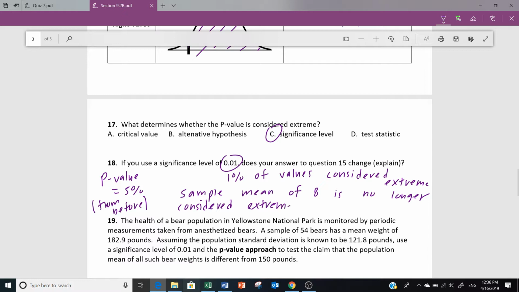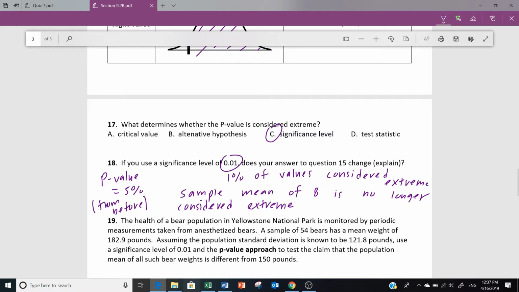You should write something that has to do with this. So usually on the test, you just compare the significance level to the p-value. If the p-value is blank compared to the significance level, if it's greater than, it's not considered extreme and you fail to reject. If it's smaller, then you reject.